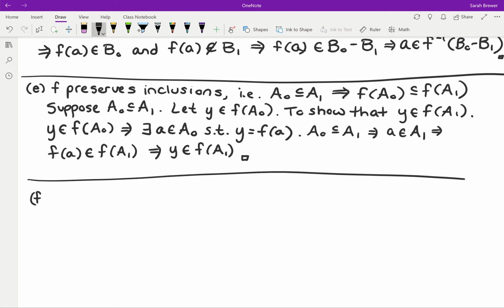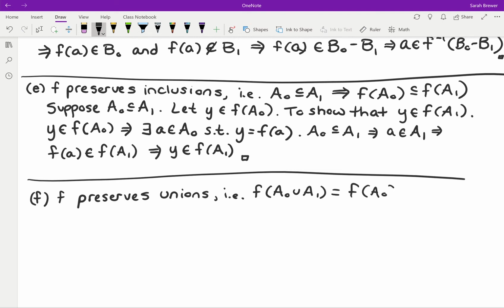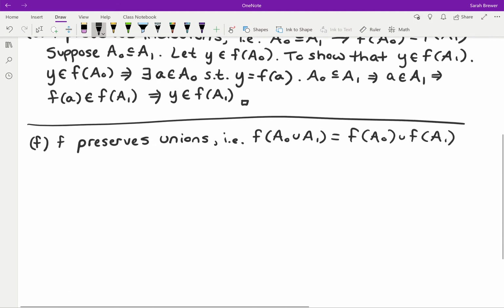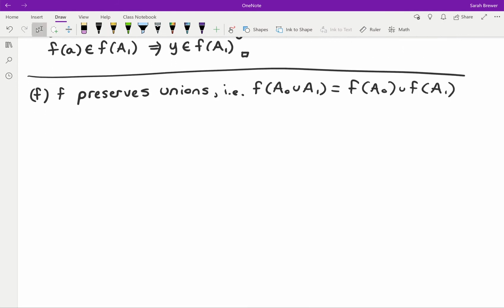For F, we're trying to show that f preserves unions. That is, if I take the image of a union, that's equal to the union of the images. All right, so just like D, we have to show both directions of inclusion here since it's an equality between sets.